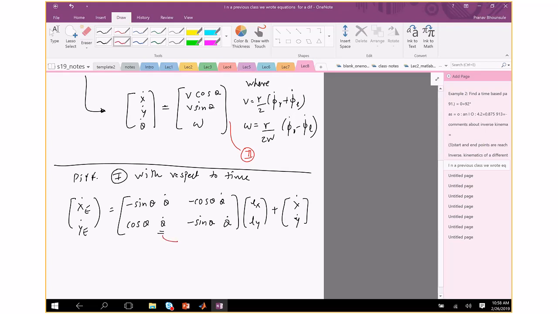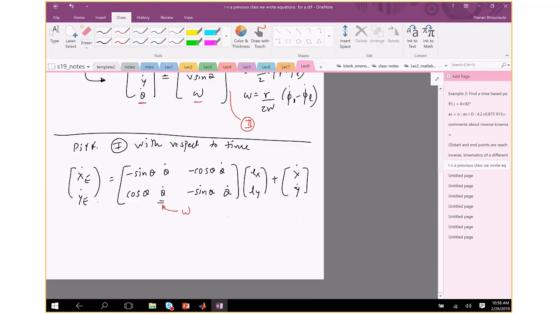Theta dot is omega, right? It's right here. So what I'm going to do is rearrange this equation slightly. Do that on the next page.